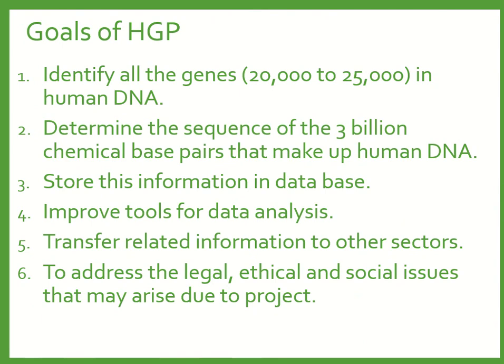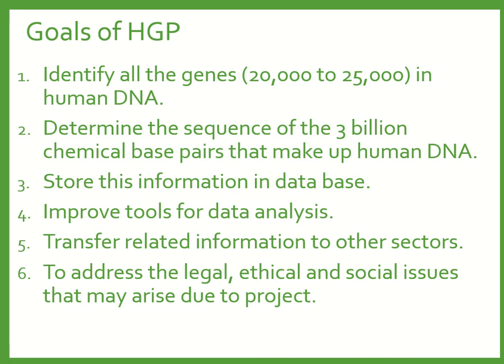Now, what are the goals of Human Genome Project? Some important goals are: first, identify all the genes, approximately 20,000 to 25,000, in human DNA. Second, determine the sequences of the 3 billion base pairs present in human DNA.